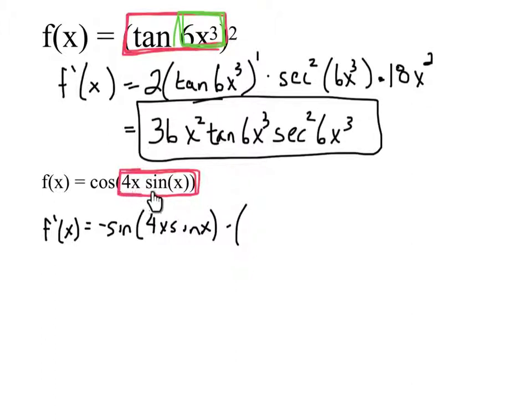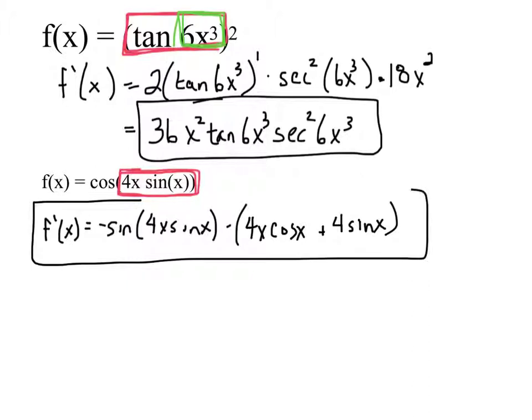We have 4x multiplied by sine x, so the inside requires us to use product rule. So first, multiply by derivative of the second, plus second, multiplied by derivative of the first. This is our derivative.